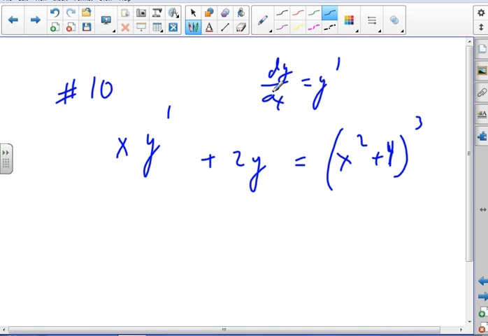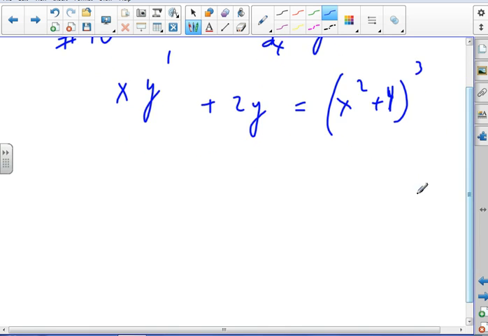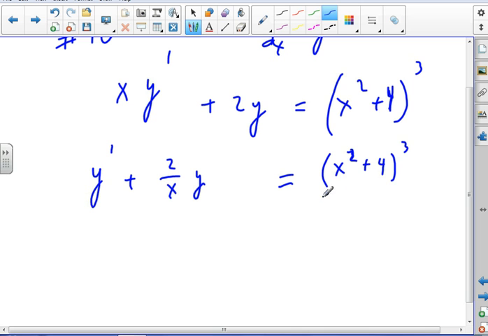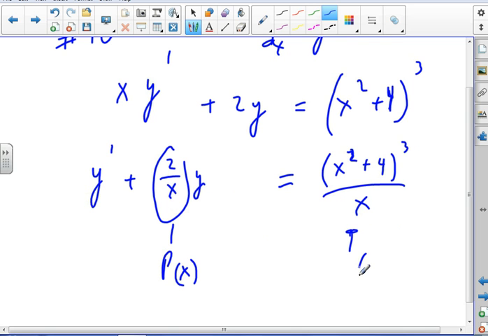Now, I'm not in the right form, so I'm going to get myself to the right form. y prime plus 2 over x y is equal to x squared plus 4 cubed over x. Okay, so this is my P of x, and this is my Q of x.